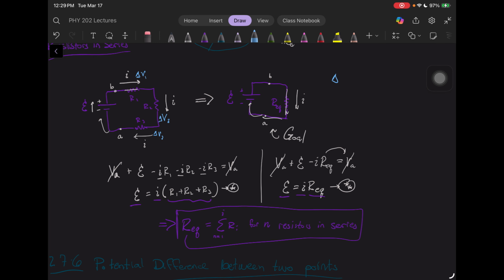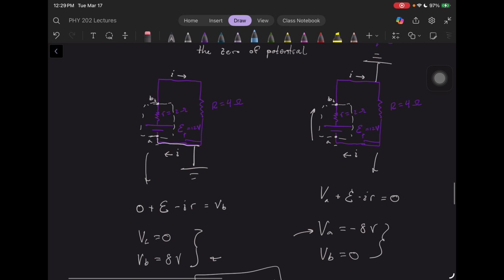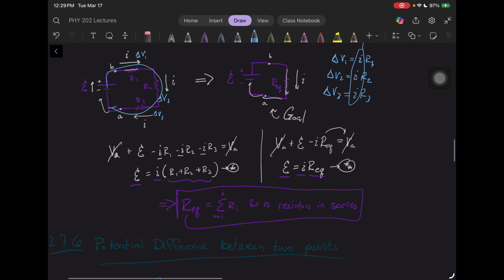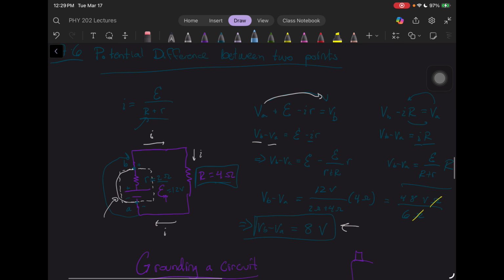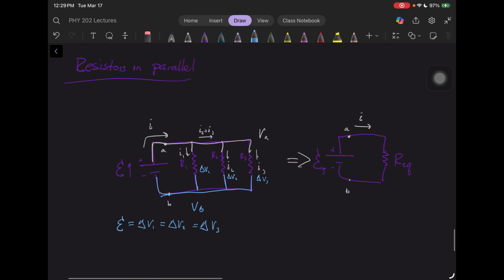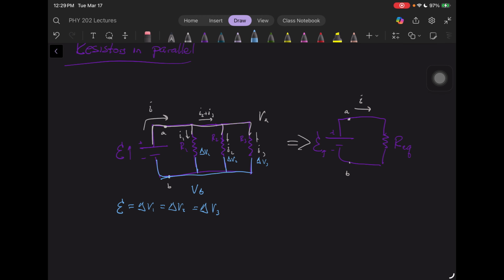So delta V1 is equal to IR1, delta V2 is equal to IR2, and delta V3 is equal to IR3. The currents are the same because it's in series, but the potentials aren't. So for resistors in series, same current. Resistors in parallel, same potential, is what we want to keep in mind.